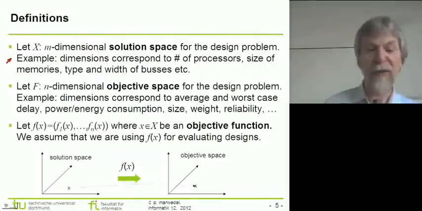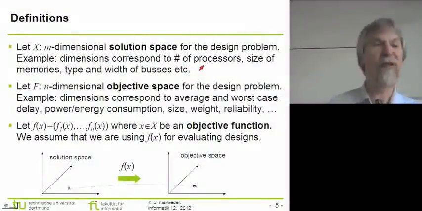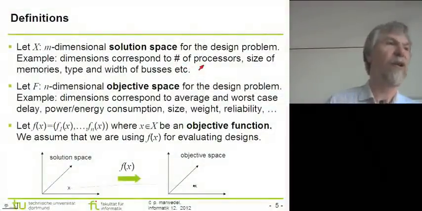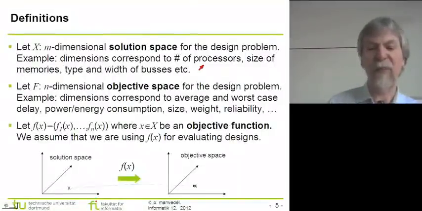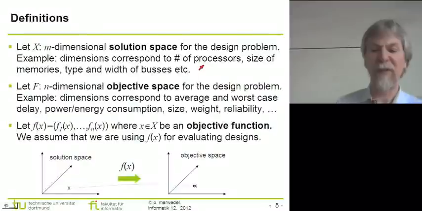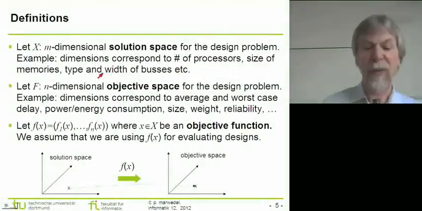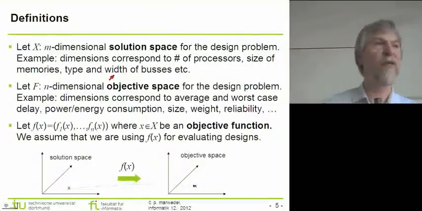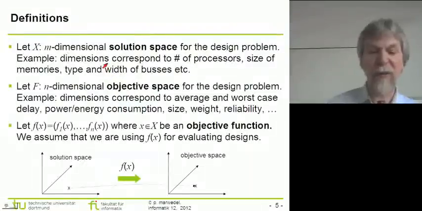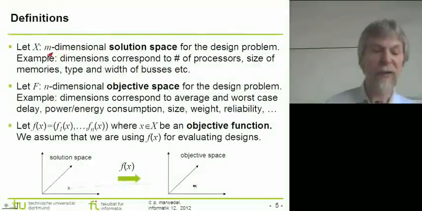The solution space is the space that has as dimensions the different options that we have for describing our design. So for example, we can have a different number of processors, we can have different sizes for the memories, we can have different bit widths for the buses, we can have different types of buses, etc. And all these different dimensions that we could consider here are leading to the m dimensions that we are using in the solution space.